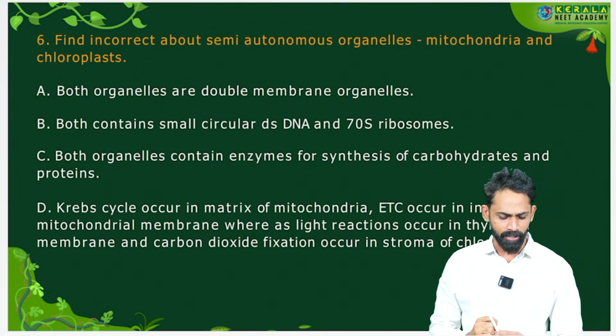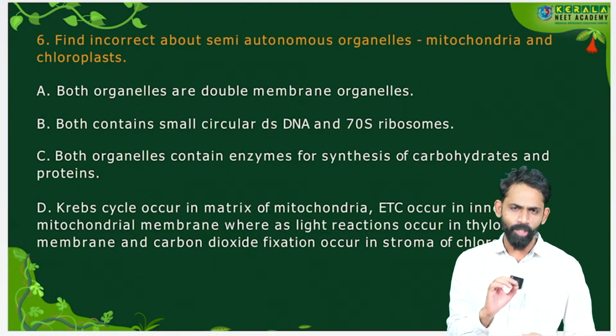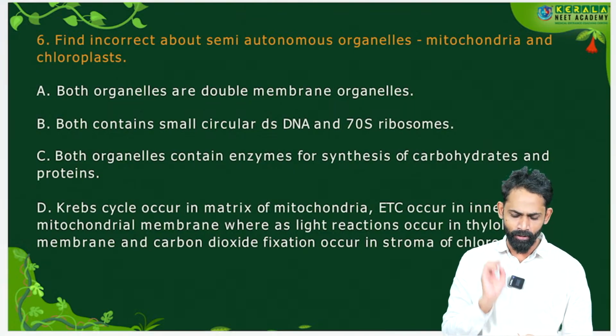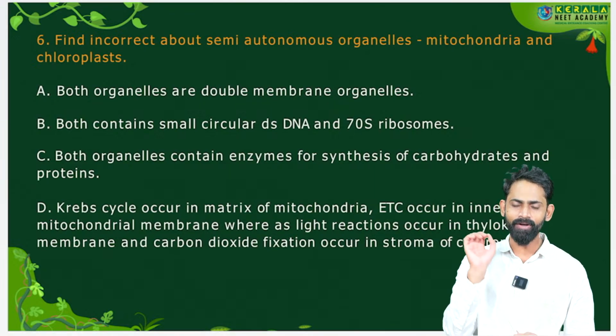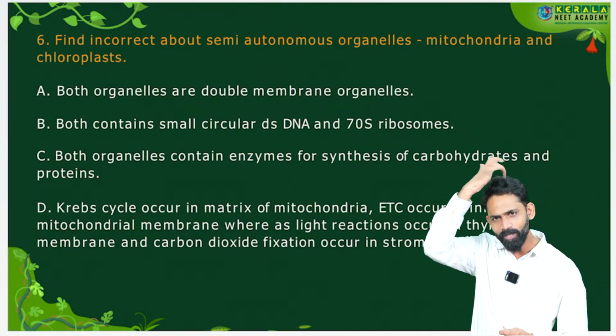Now coming to option C, a small logic I placed. Both organelles, mitochondria and chloroplast, contain enzymes for synthesis of carbohydrates and protein. A small thing, maybe you will not notice.